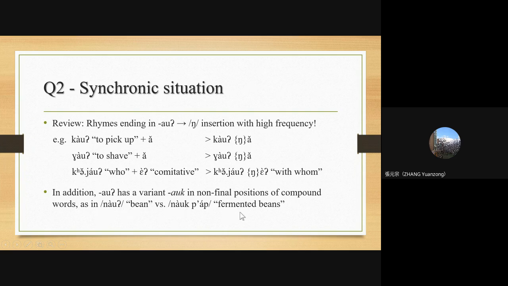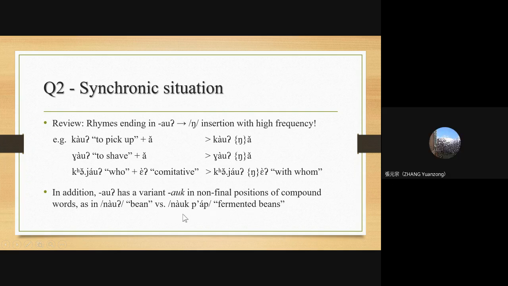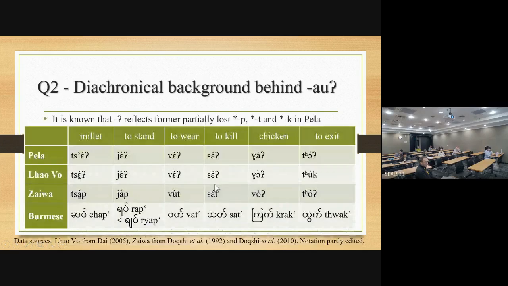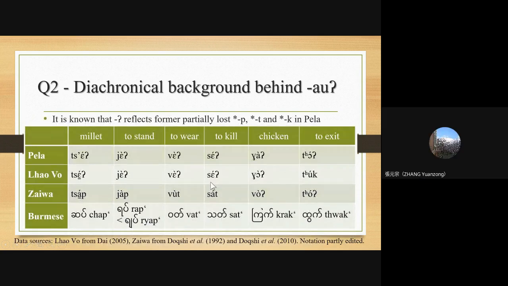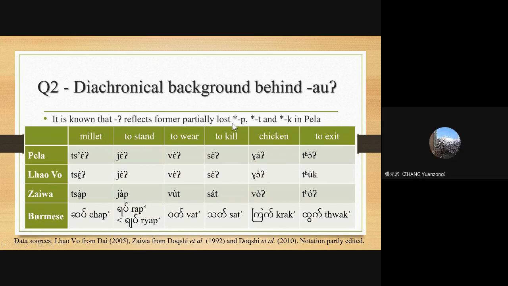But for fermented beans, literally bean and rotten, it is auk. And for the diachronic background, it is known that a reflects former partially lost ba, da, and ga in Pela, depending on rhymes.